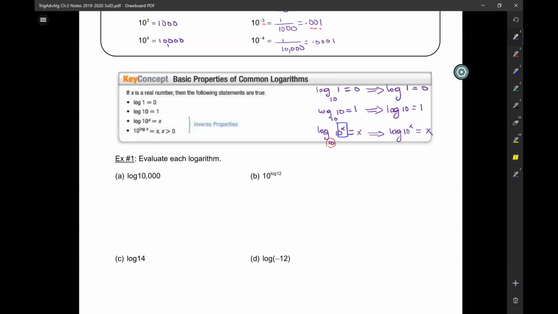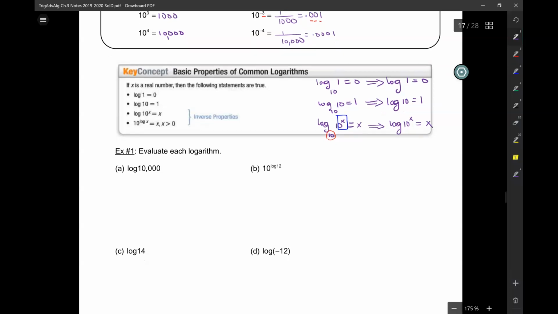All right? And then the opposite, this one I said to just sort of take my word for it. If you have 10 to the log base 10 of x, here too, this reduces and I just have x. So if I write it in common logarithm format, 10 to the log x is just x. So those are the properties here. There's really nothing new, right? It's exactly what we were talking about before, but now just with tens.